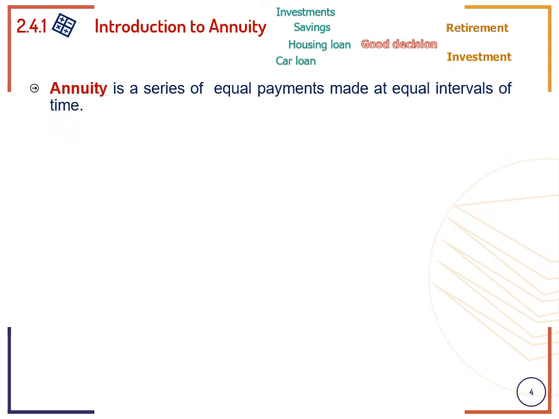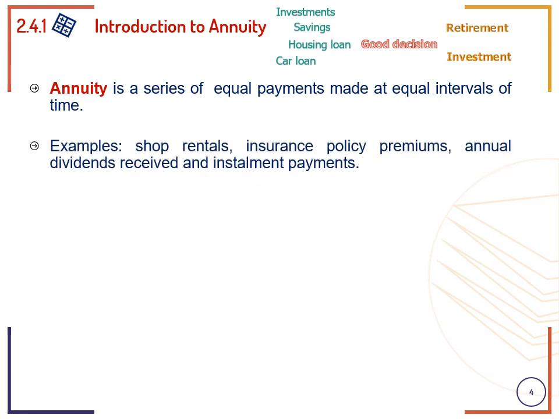Annuity is a series of equal payments made at equal intervals of time. Examples of annuity are shop rentals, insurance policy premiums, annual dividends received, and installment payments.